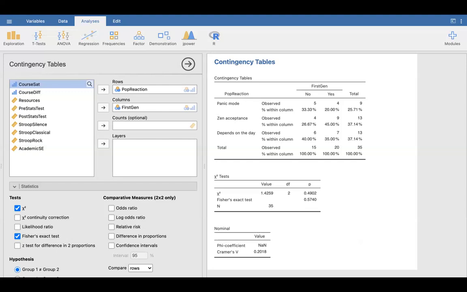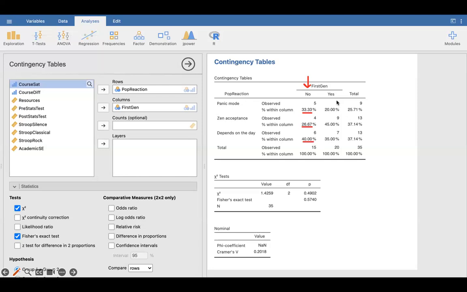And so we can see here that if we look out of all of our non-first generation students, so in this column, we can see that 33% fall into this panic mode category, 26 or 27% fall into this Zen acceptance, and 40% fall into depends on the day.